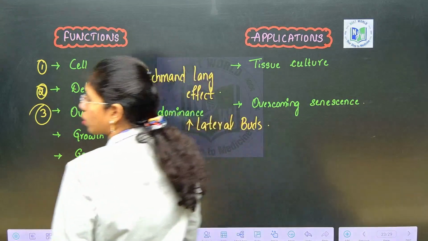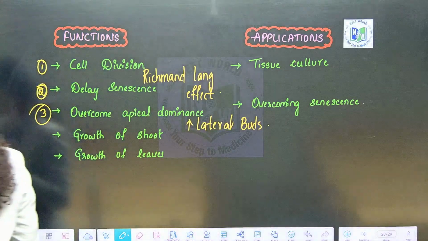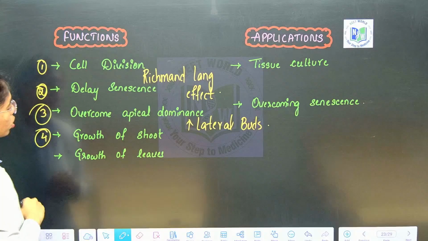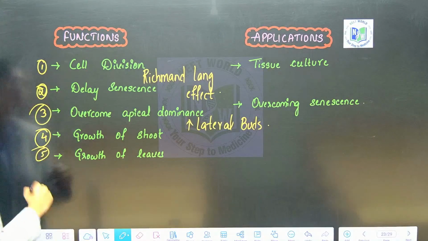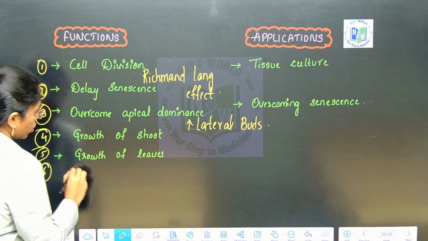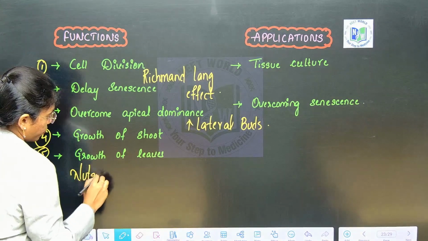This promotes the growth of lateral buds, that is how it overcomes the apical dominance. Next is growth of shoot and growth of roots, and you can also add on one more function, that is nutrient mobilization.